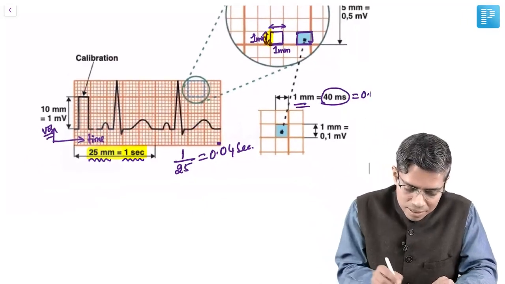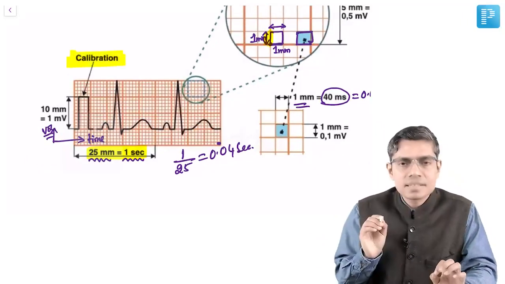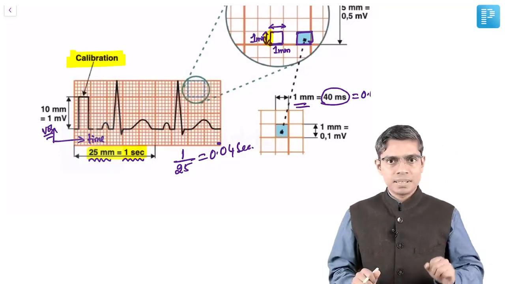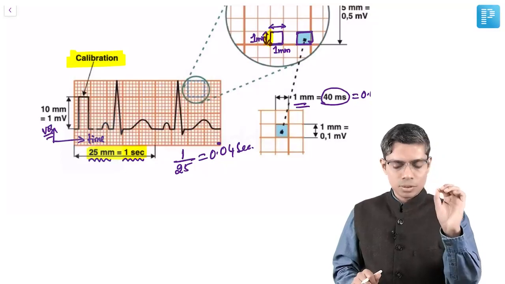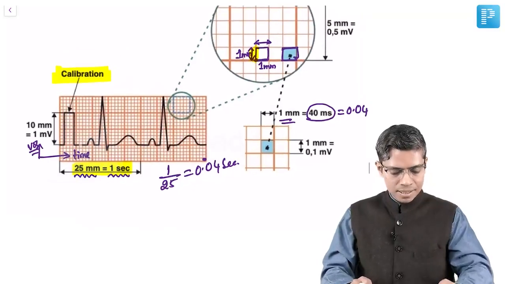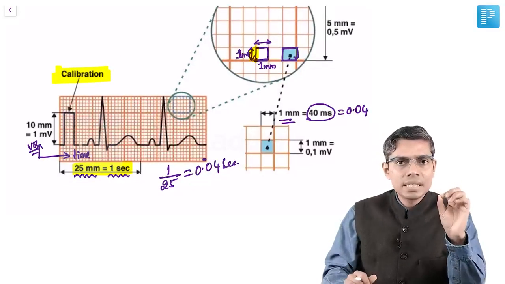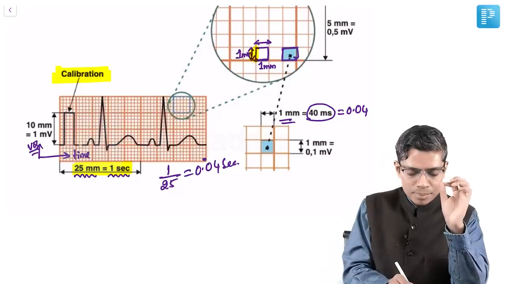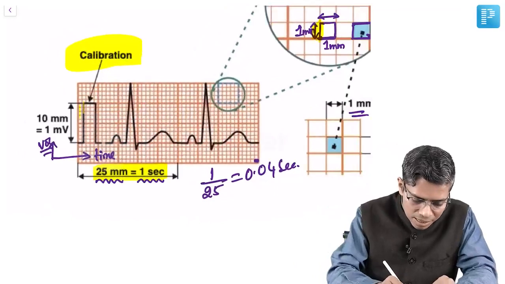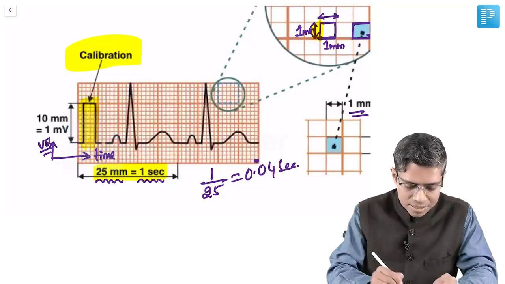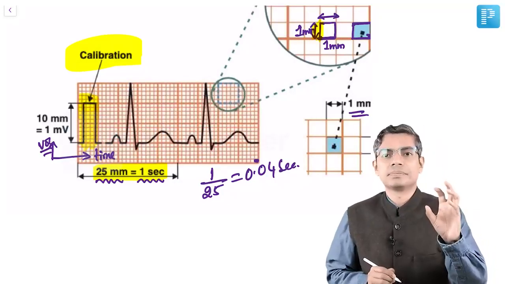Now ECG machines are calibrated in such a way that if you give 1 millivolt to the ECG machine, it will give you 10 millimeter deflection. That is the meaning of calibration. Look at this initial square-shaped wave that is recorded before every lead, this is nothing but the calibration.